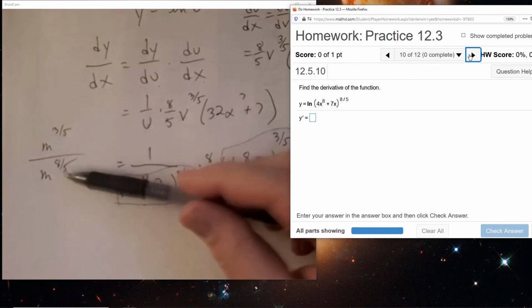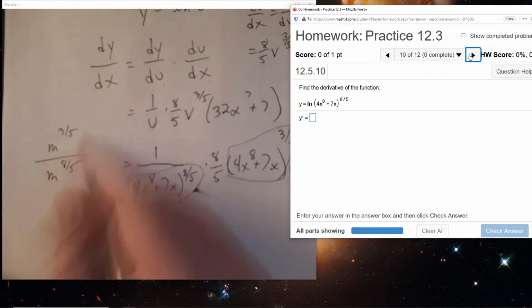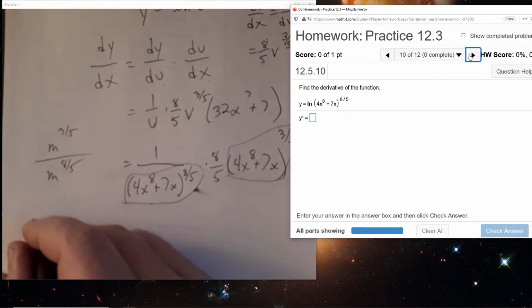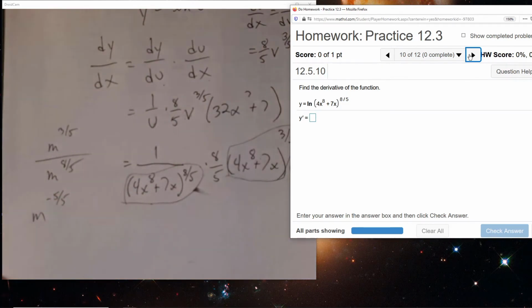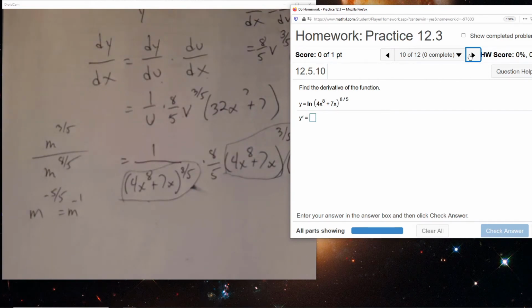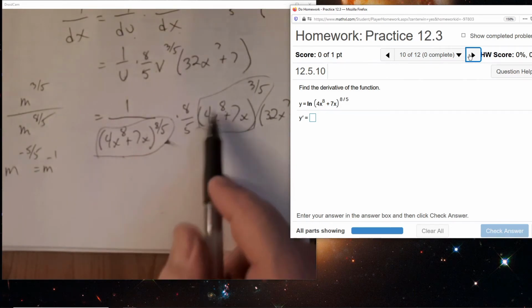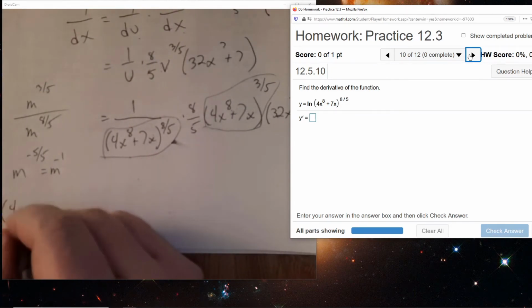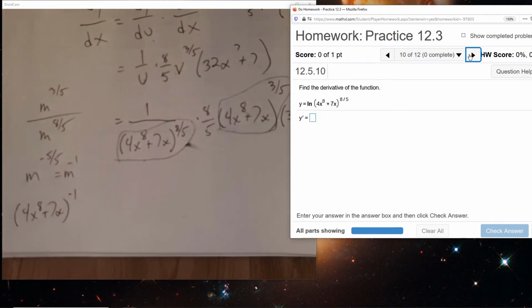And if you recall how you combine exponents like this, that you subtract when you have division, so we would have minus 5/5, which is m to the minus 1. Which means the two things I have circled here will reduce to a power of minus 1.